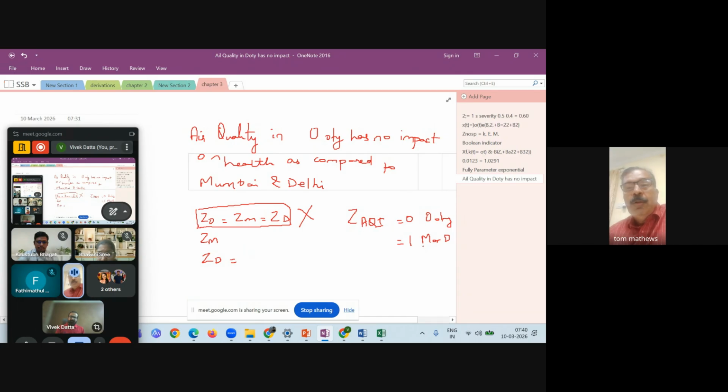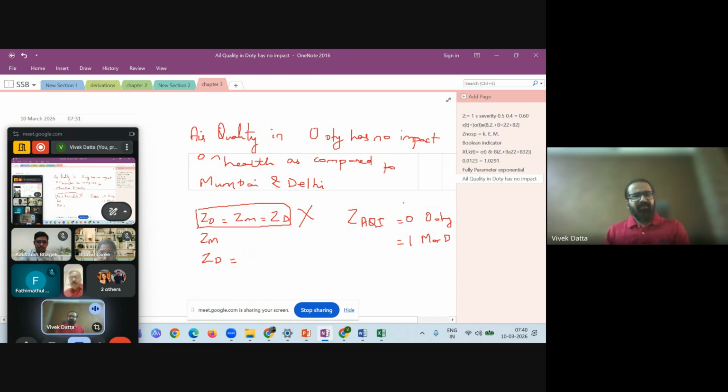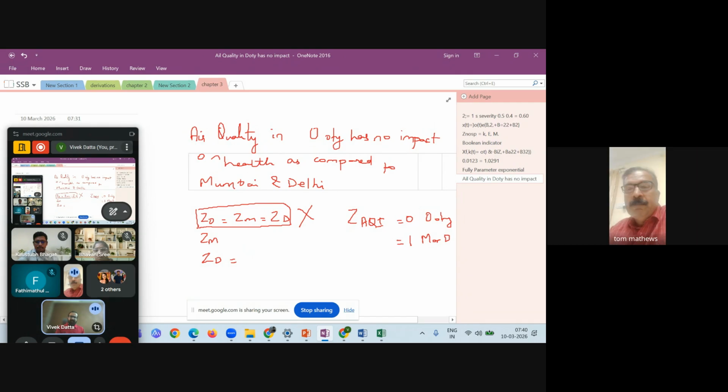So air quality, you can't say good or bad. Air quality index. Okay. Yes.